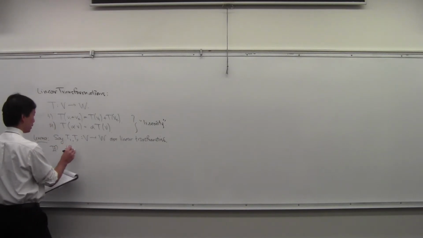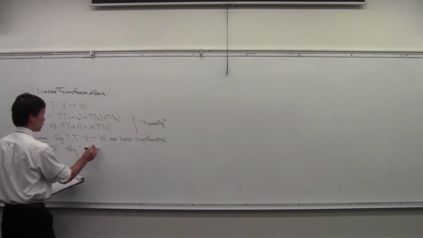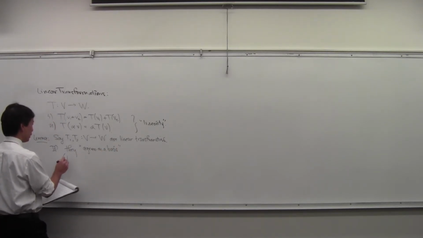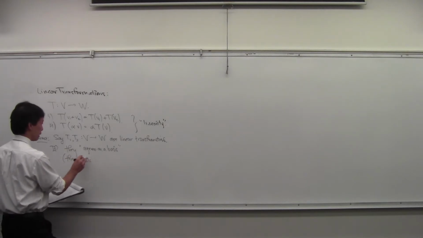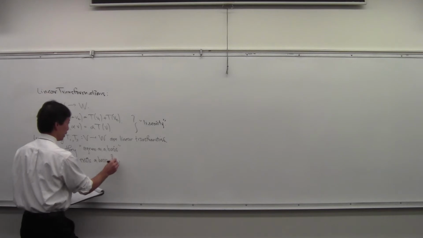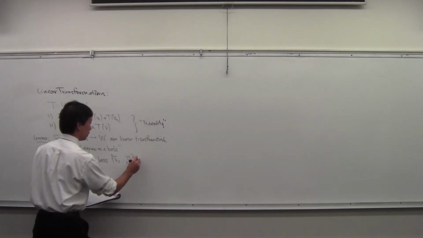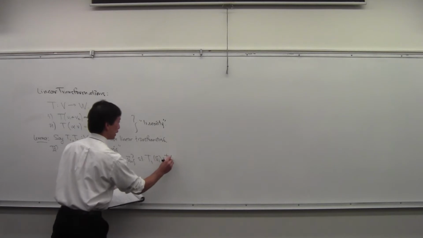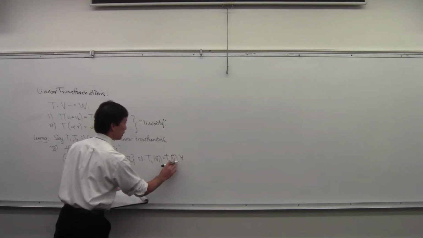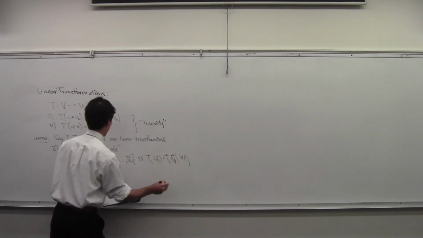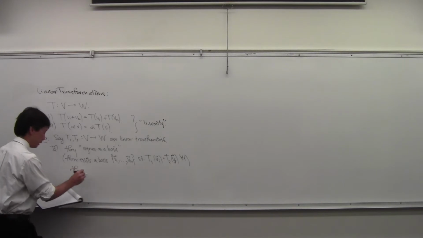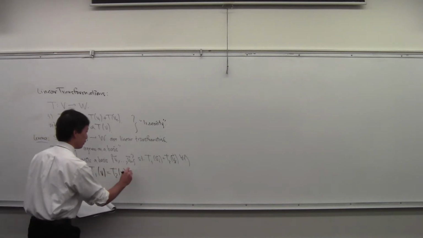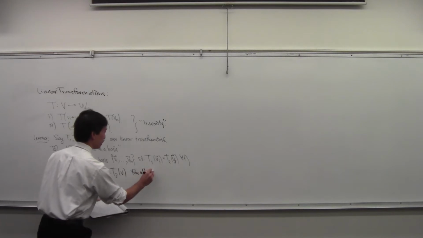If they agree on a basis, and what I mean by that is if there exists a basis V1,...,Vn such that T1 of Vi equals T2 of Vi for all i, then T1 of V equals T2 of V for all vectors in your vector space.